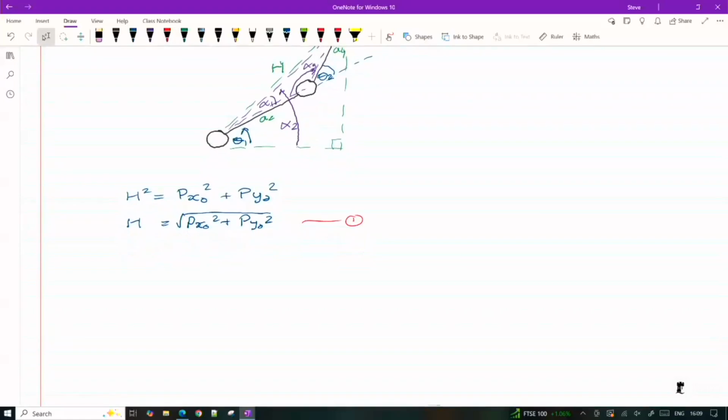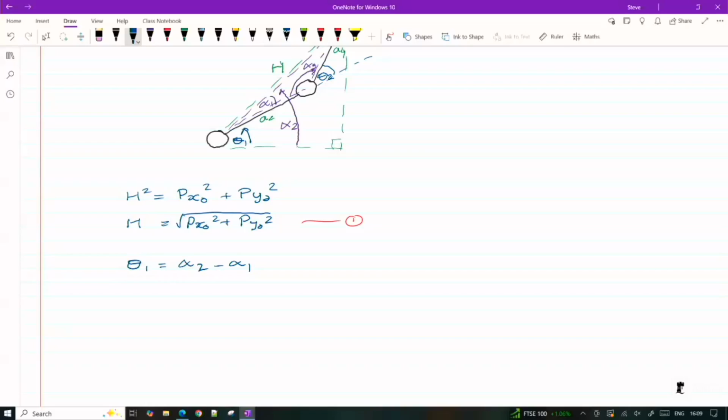What we can write down is theta 1 equals, no it doesn't, alpha 2 minus alpha 1. So we've labelled two angles there, and if we subtract alpha 1 from alpha 2, we have theta 1.